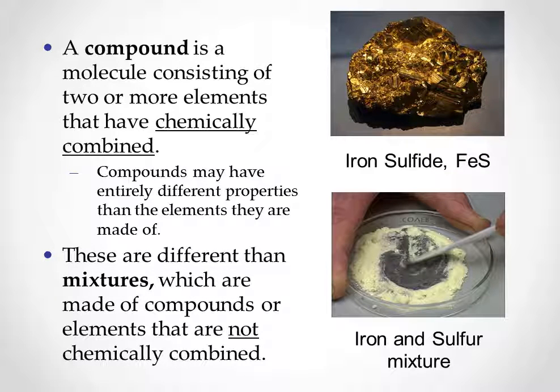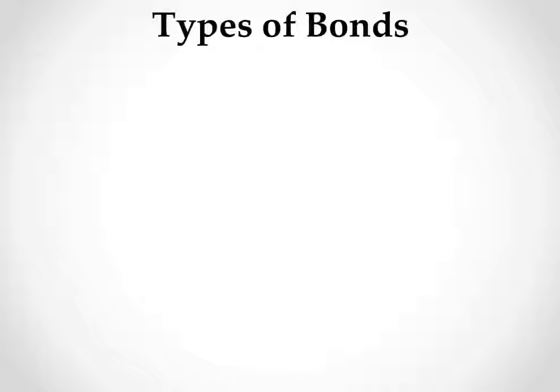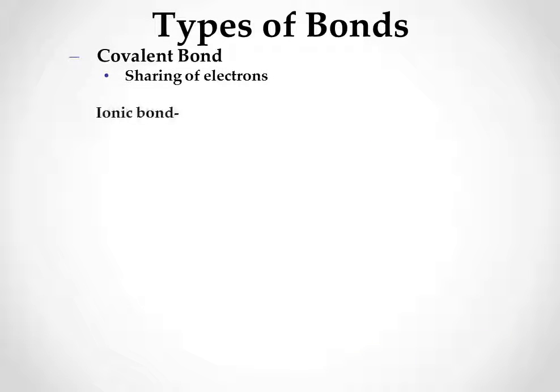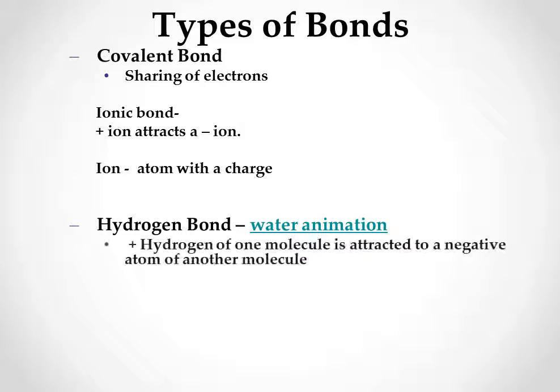Now, an actual compound itself is chemically combined, okay? So, iron sulfide. Okay, so that's why they're called a mixture instead.